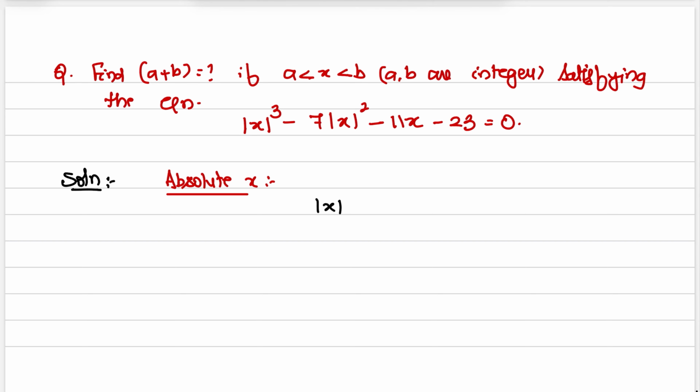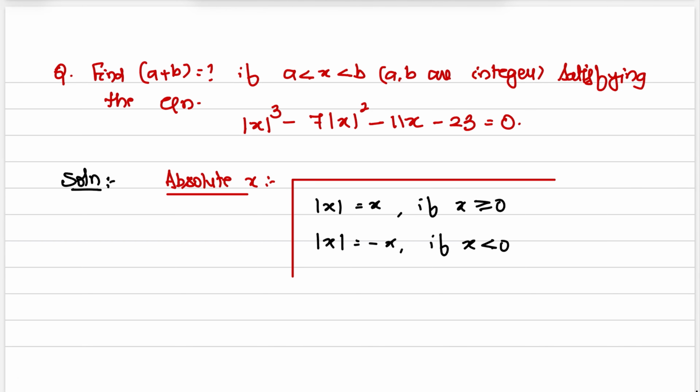Absolute x is equal to x if x is greater than or equal to 0, and absolute x is equal to minus x if x is less than 0. Please remember this. Absolute x can never be negative. Absolute x is always positive. If x is negative, it will be minus x. If x is positive, it will be simply x.